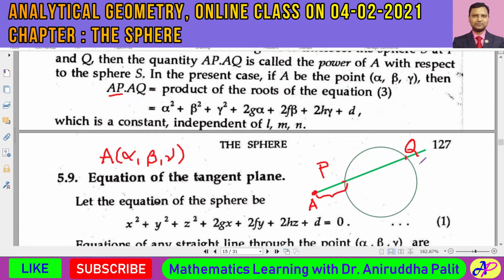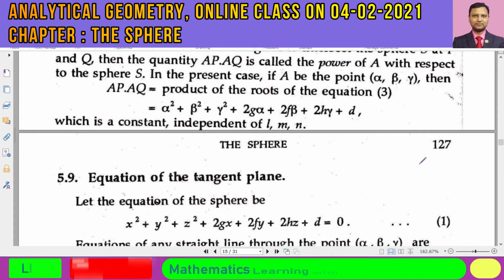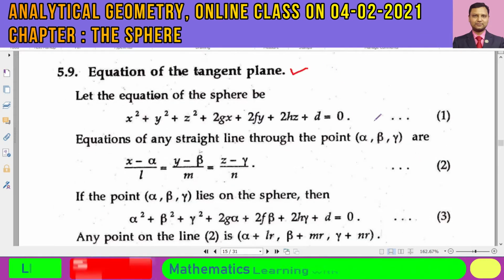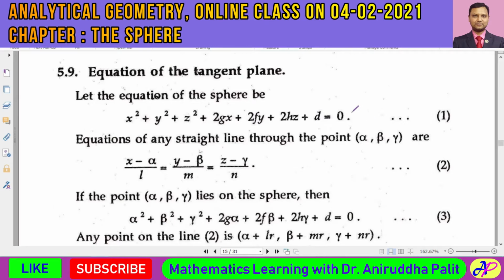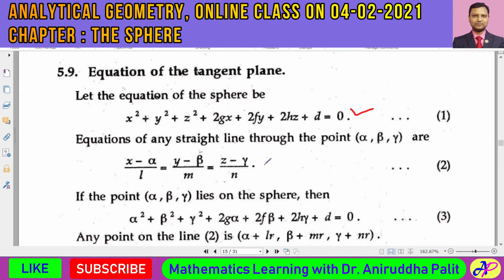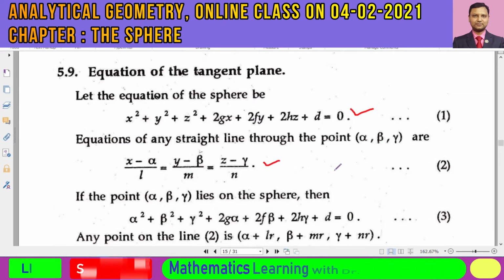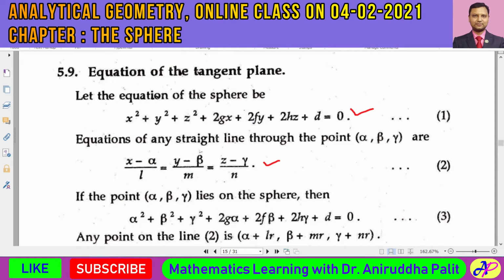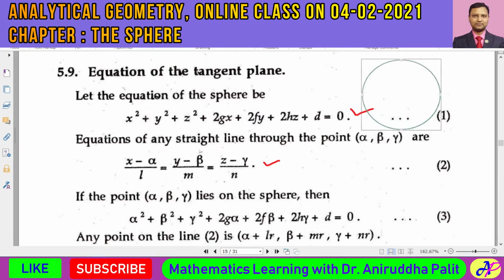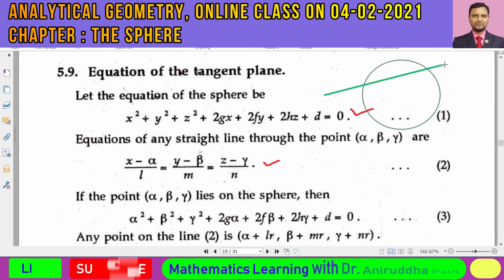So now let's continue to the next part, that is the equation of the tangent plane. Suppose this is the equation of the sphere, and this is the equation of a straight line. Any straight line can be written as equation number 2. We already have proved that this kind of straight line will intersect a sphere at most at 2 points.